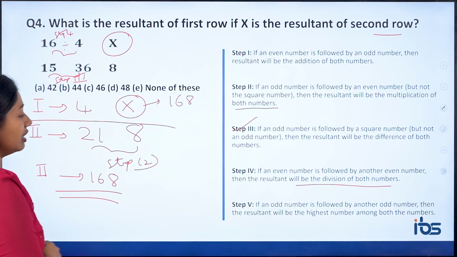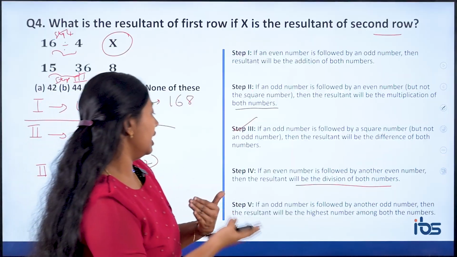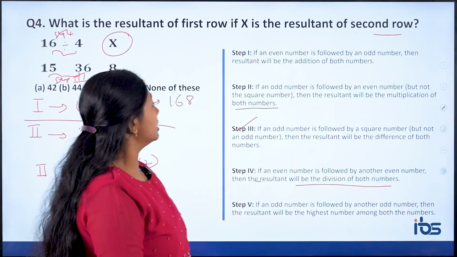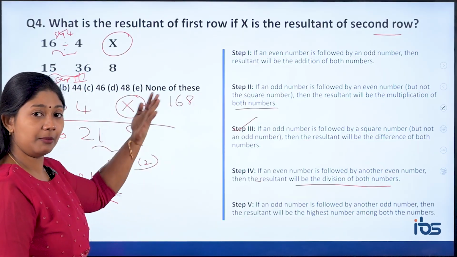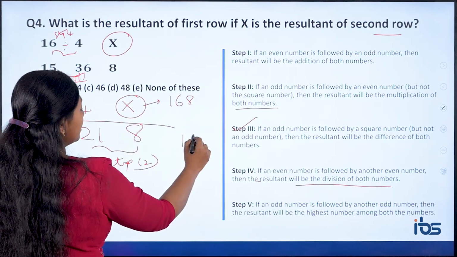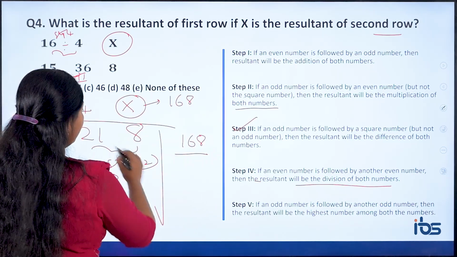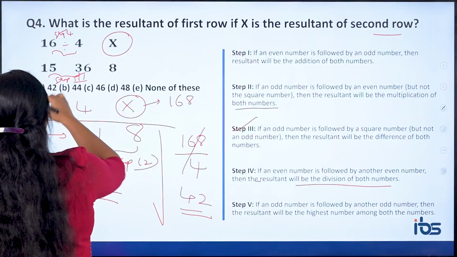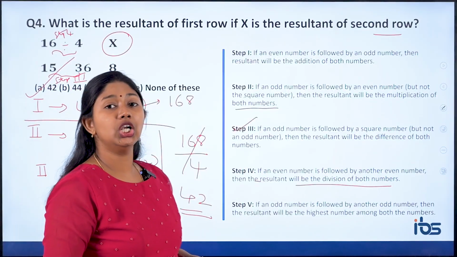Even number followed by another even number, then the resultant will be the division of both the numbers, where the greater number is divided by the smaller number. So 168, the x value, divided by 4, you are going to get 42 as the answer. So option A, 42.